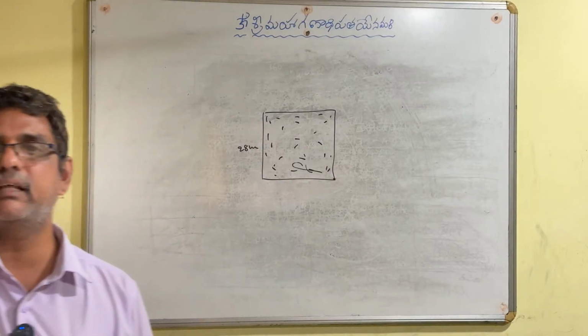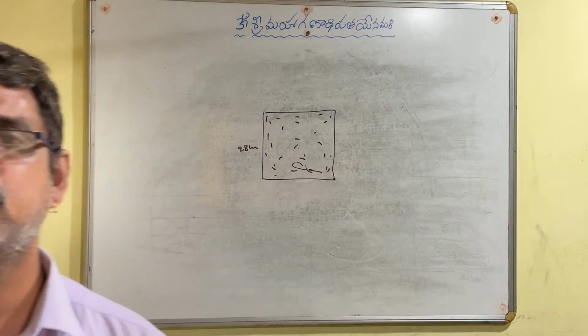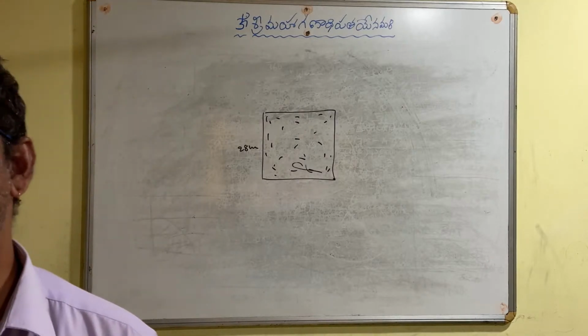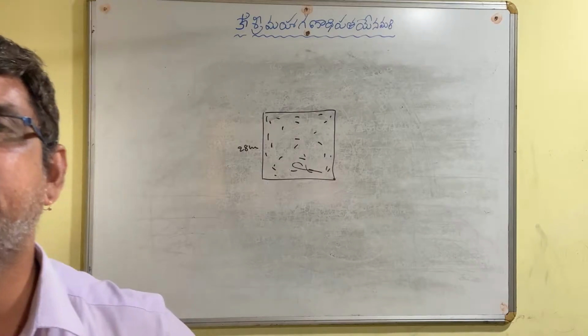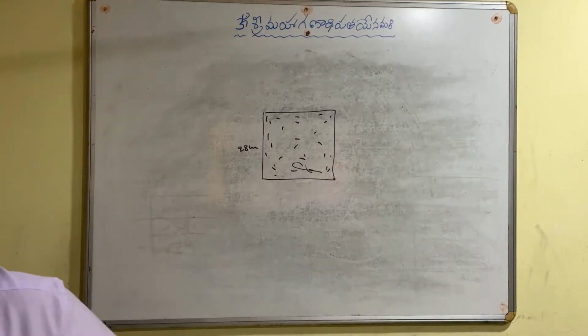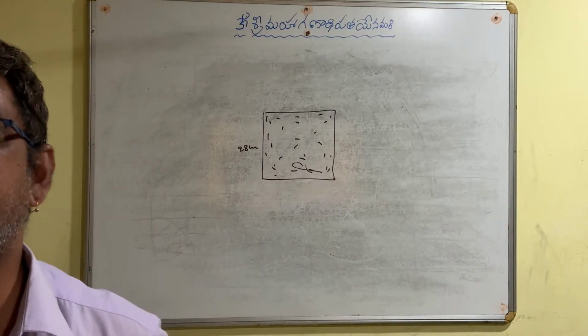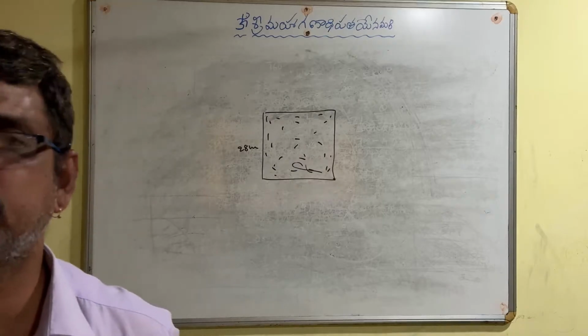Outside the square field, there is no grass. Only inside the square field is there grass, and its side is 28 meters.